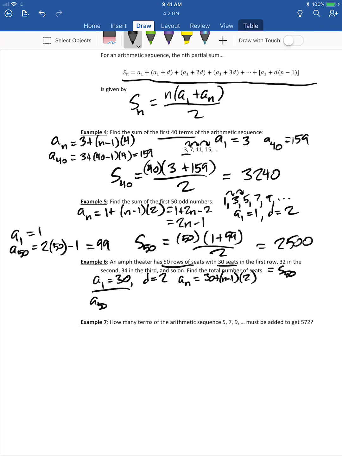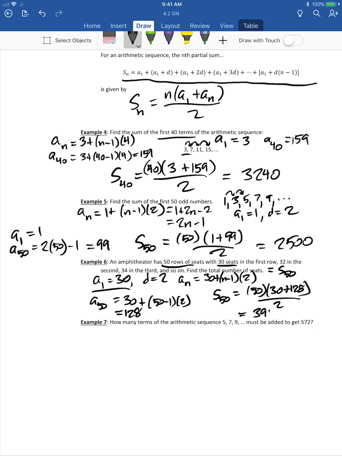So a sub 50 is 30 plus 50 minus 1 times 2. So plug that into a calculator. 30 plus 49 times 2, 30 plus 98, that's 128. So that means the 50th partial sum is 50 times 30 plus 128 all over 2.